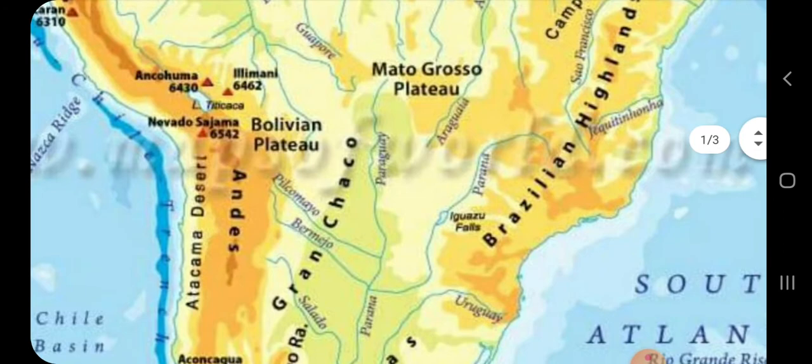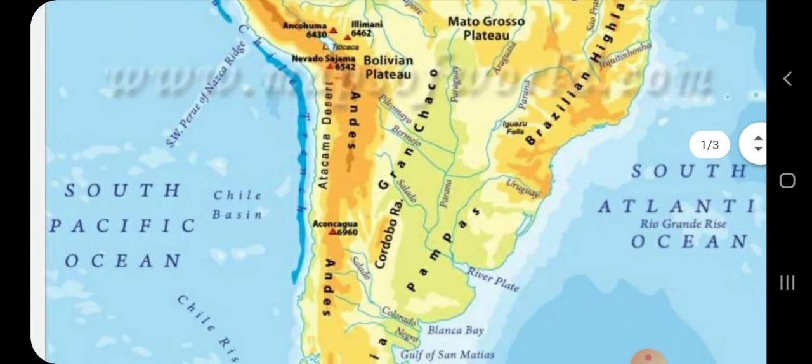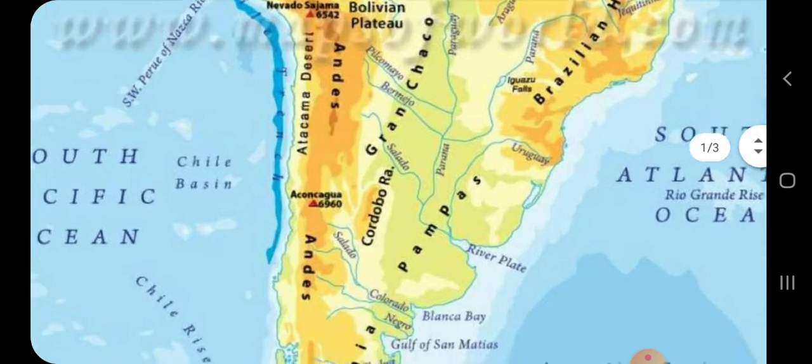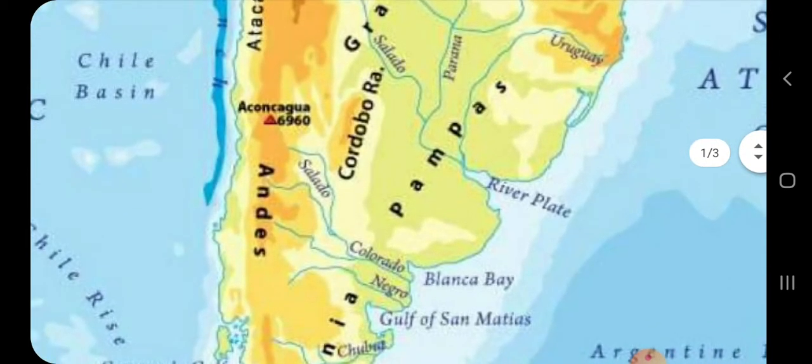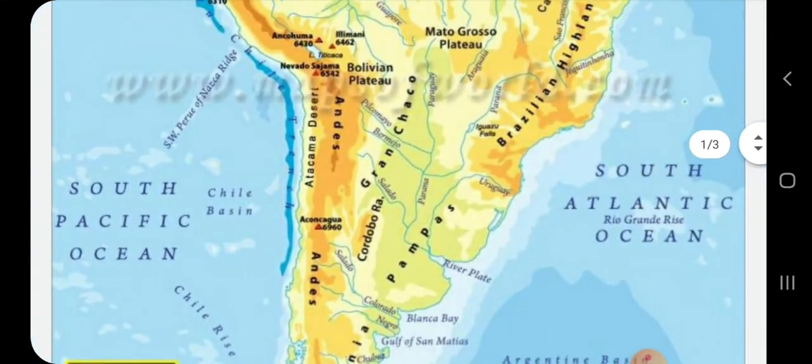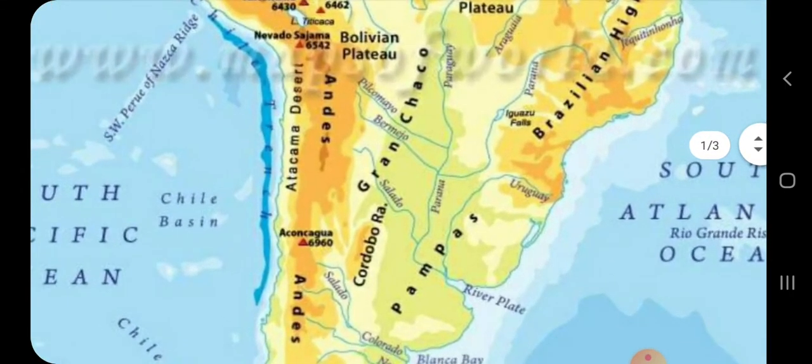Farther south, the temperate grassy plains of Argentina are known as the pampas. Right? And you can see here the Paraná Paraguay lowlands include the Gran Chaco. It is a vast alluvial region. Okay.